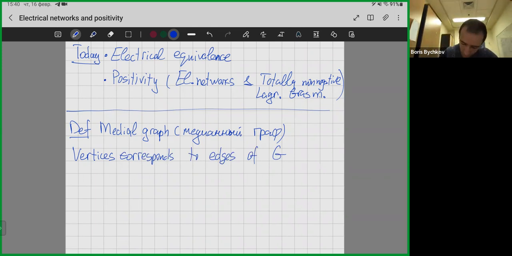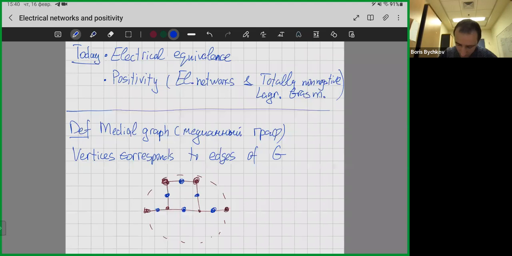So let me write. If this is G, and these four vertices are boundary vertices, then we have vertices on each edge of G. These blue are the vertices of the medial graph, and we again draw an edge if two edges of G have a common vertex.